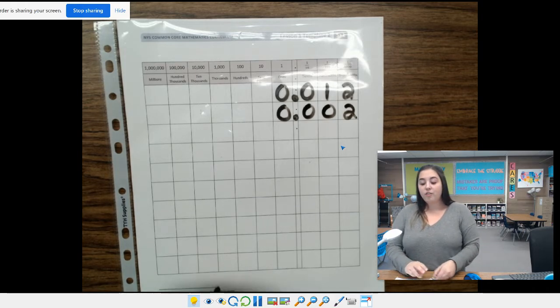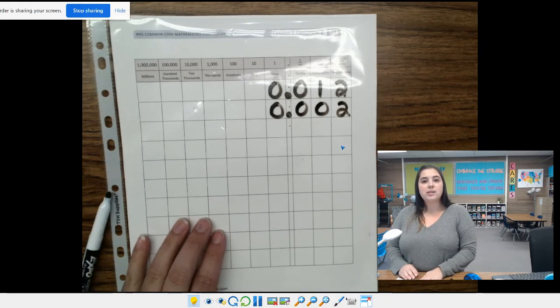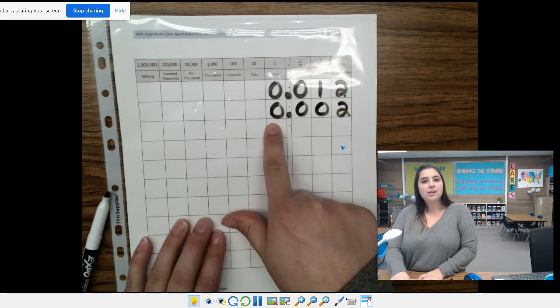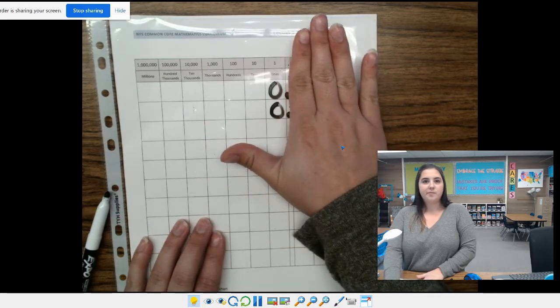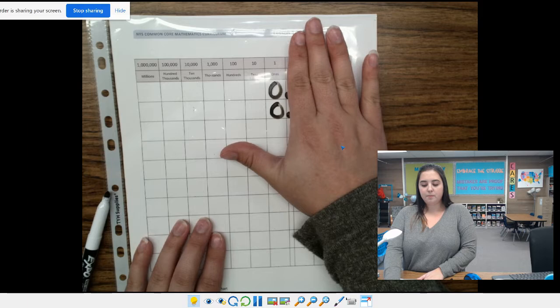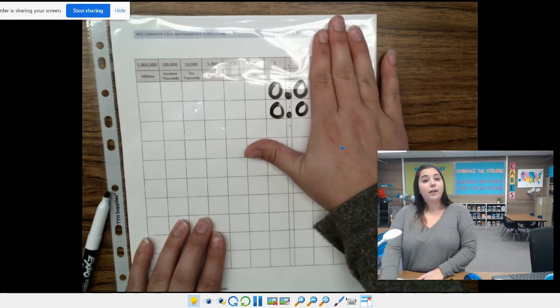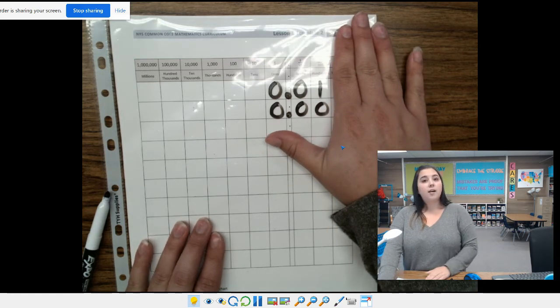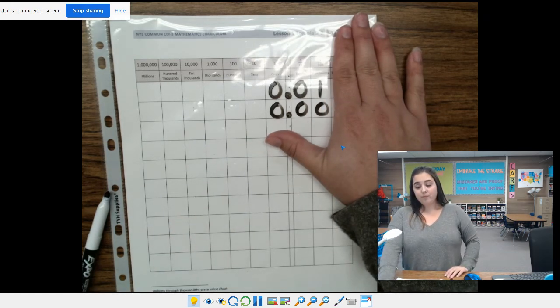All right, to figure out which one is larger, we're going to do the same thing. Start with the largest place value, which in this case is the ones place. Can we tell which one is larger right now? Nope, they're the same. How about now? Can we tell which one is larger? Not yet. Keep going. Can we tell which one's larger now?